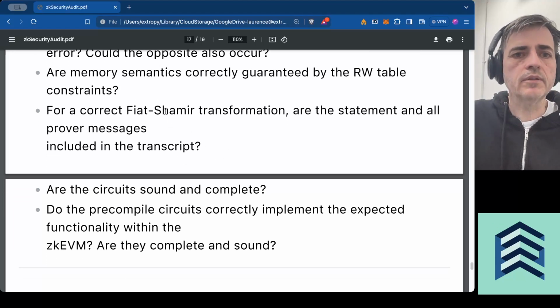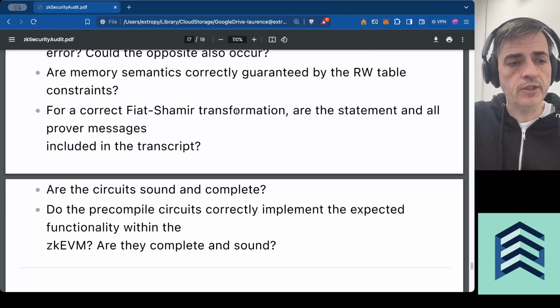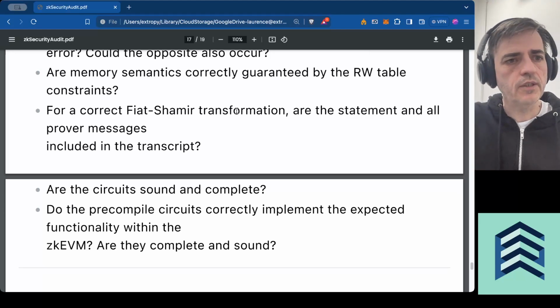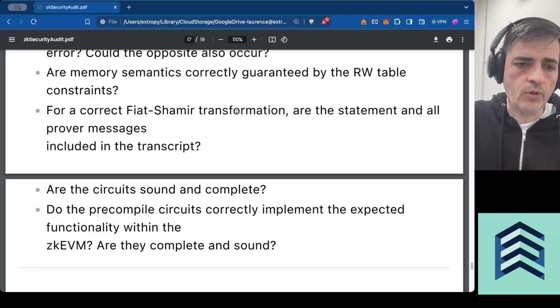This next point, the Fiat-Shamir transformation. Fiat-Shamir is a heuristic that is used to take interactive proofs and make them non-interactive. And this is a common process that is used by all types of zero-knowledge proofs.